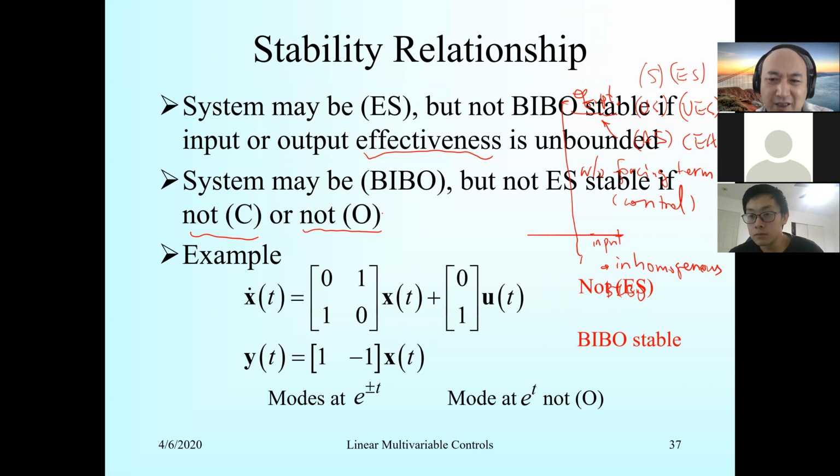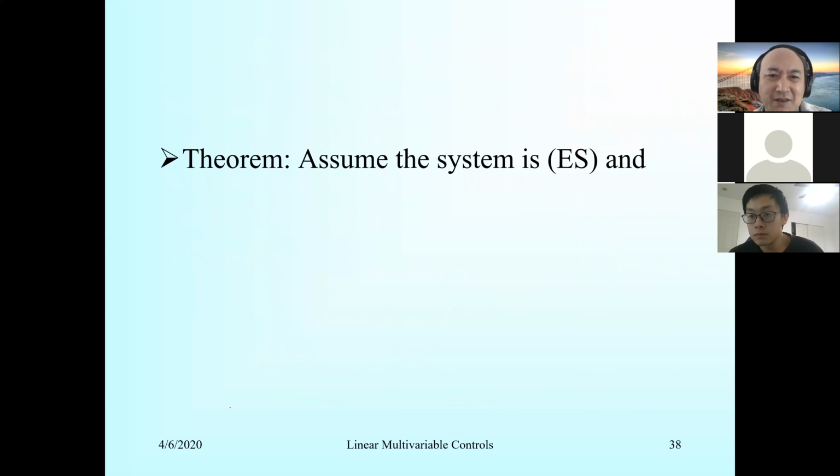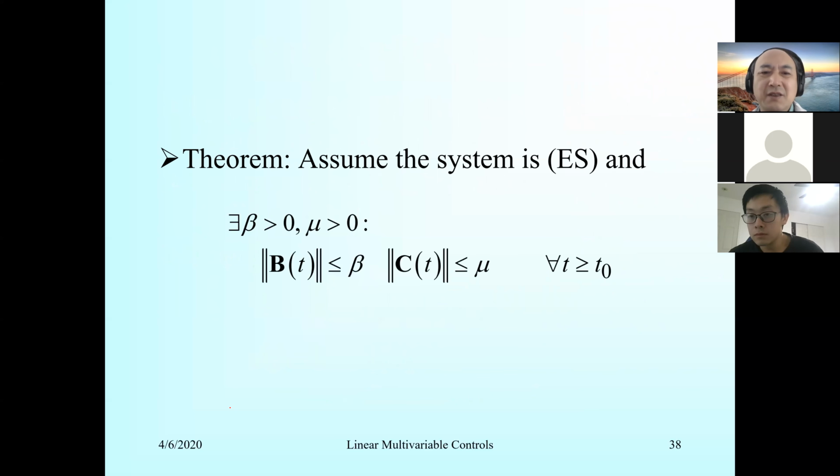But from the input-output point of view, the whole system is BIBO. So here we come to something important: assume the system is exponentially stable, and B(t) and C(t) are both bounded.